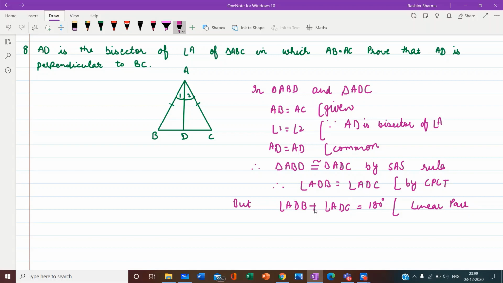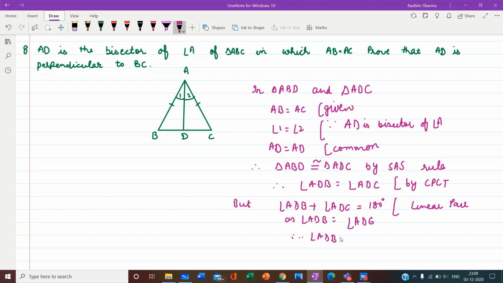As these two are equal, they will be equal only if they are 90 degrees each.